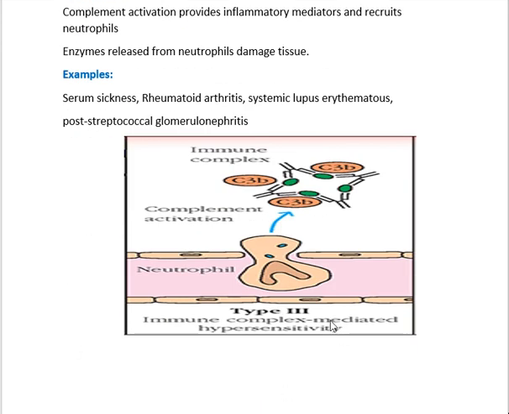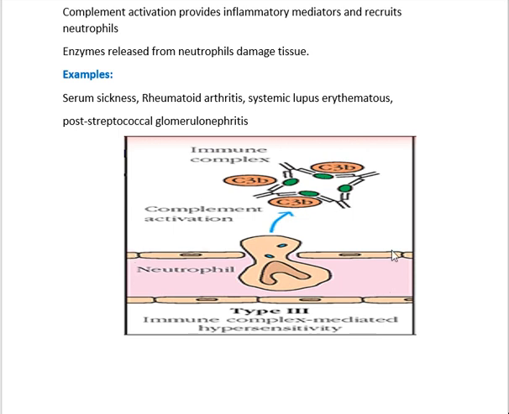So let's see the mechanism. As I told you, this type of hypersensitivity is induced by soluble antigen and is mediated by IgM antibodies that interact with the antigens to form an antigen-antibody complex. Now these antigen-antibody complexes, that is immune complexes, become deposited in various tissues and induce complement activation.